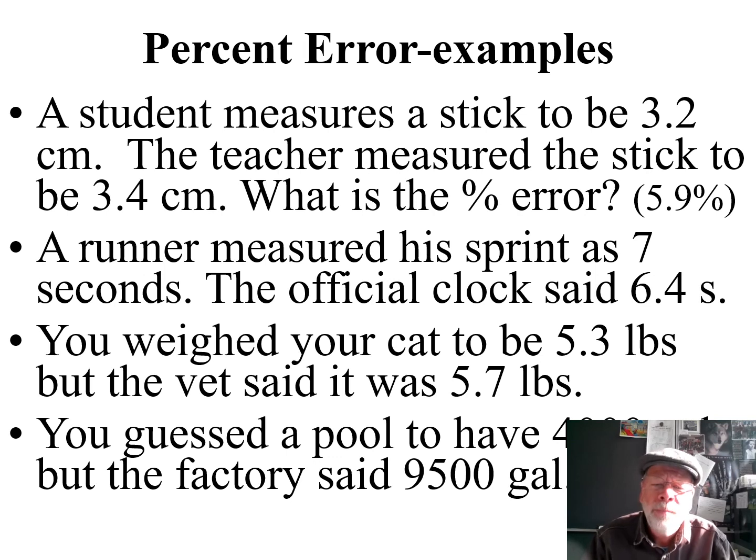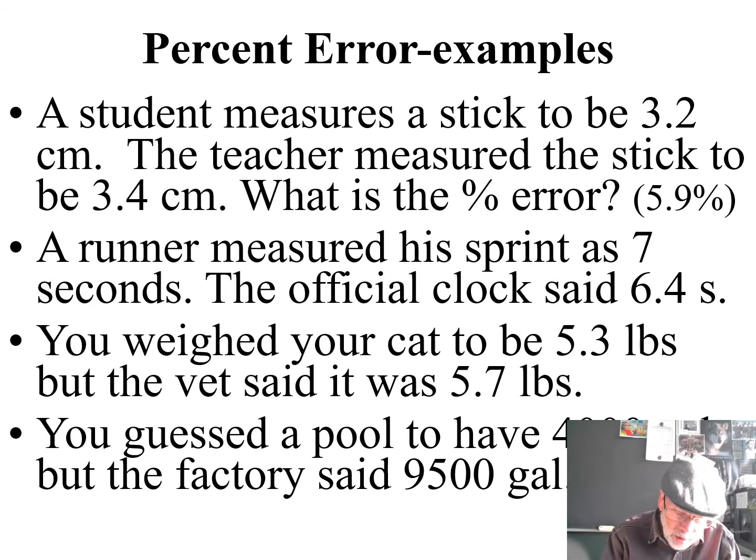Okay, you guessed a pool to have 4,000 gallons, but the factory said it was 9,500 gallons. Factory is certainly more correct. So how do you do it? Percent error equals difference from accepted value divided by accepted value. So what's the difference? If you're ever in question, just do the math here. 9,500 minus 4,000.